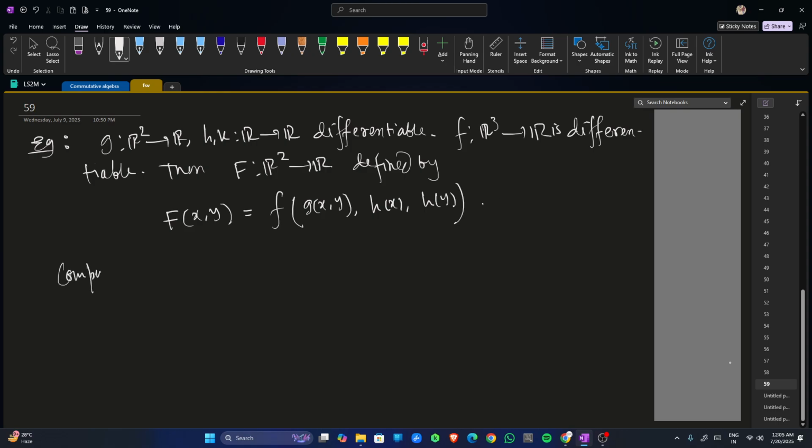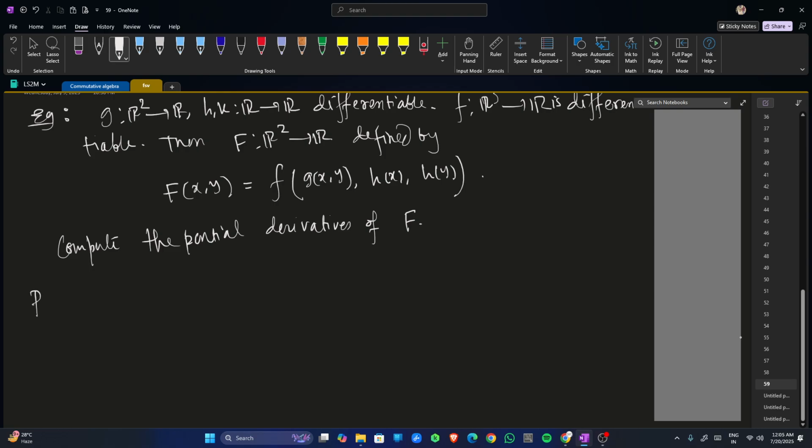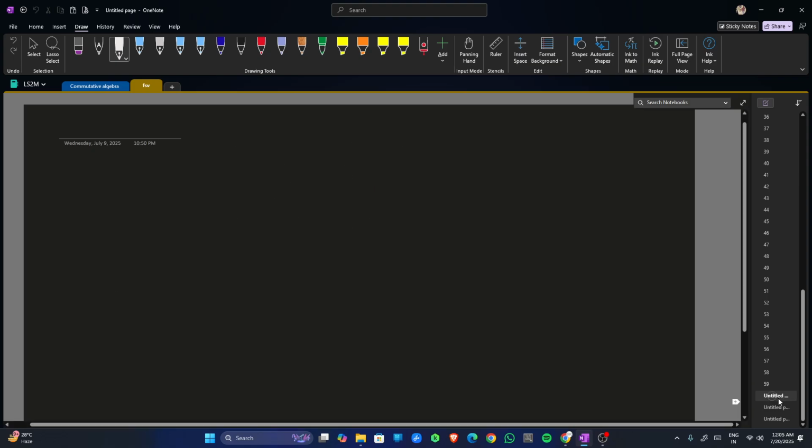Compute the partial derivatives of it. Just use the previous formula. Nothing else.